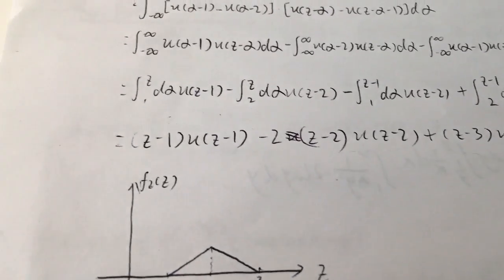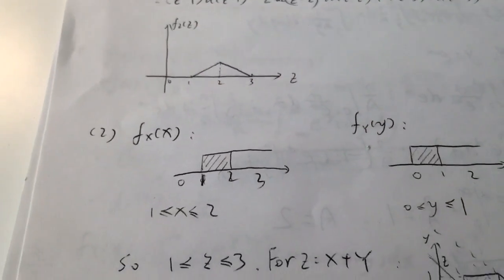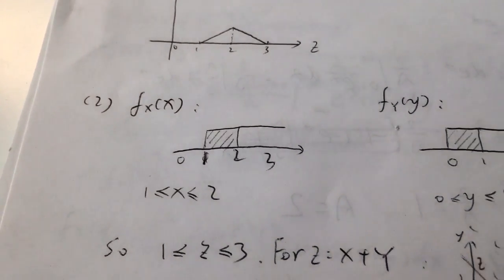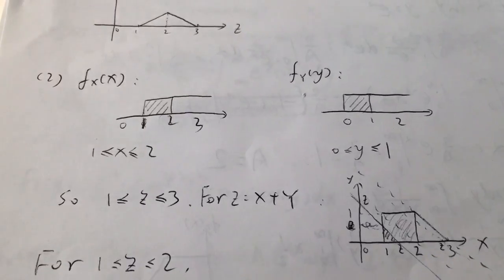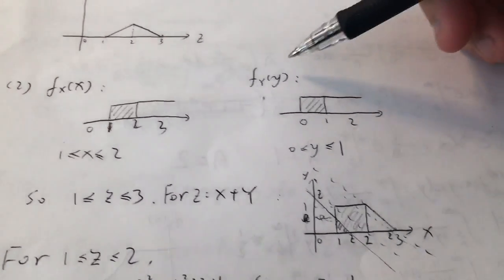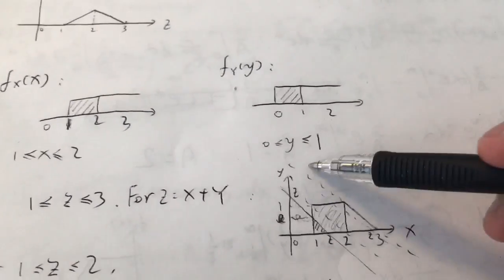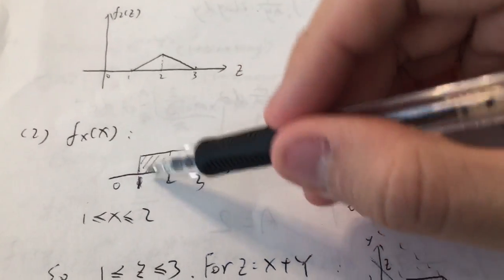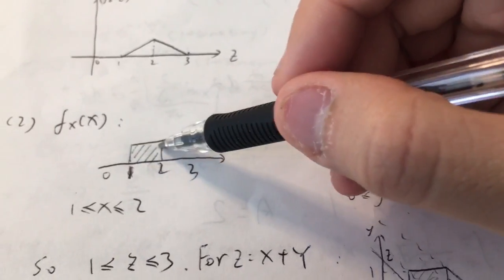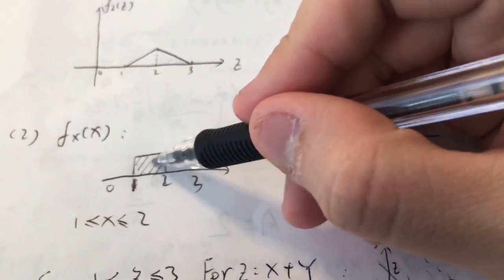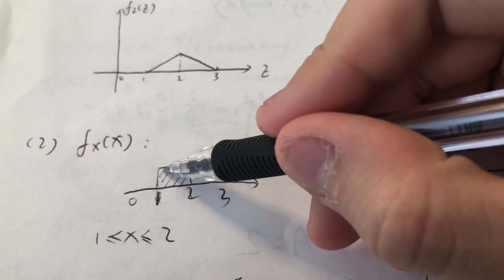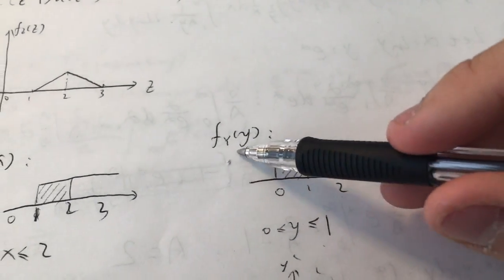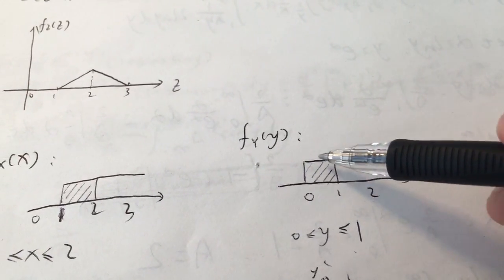And in the second method, we need to use the geometric method. For the density function of x, the picture is something like this, and this is the interval from 1 to 2, and for y it is from 0 to 1.